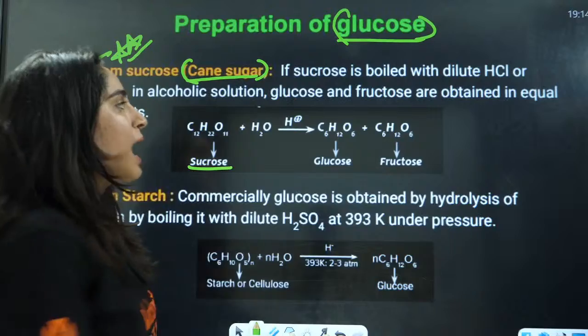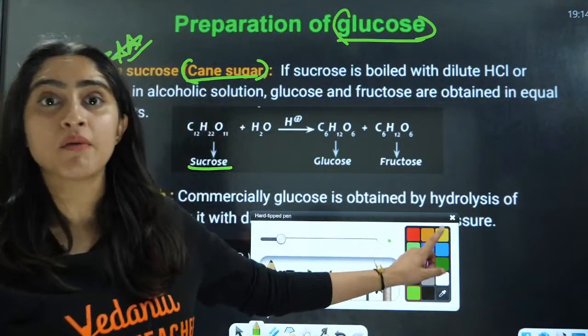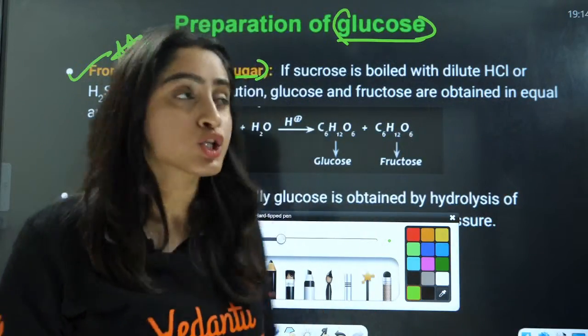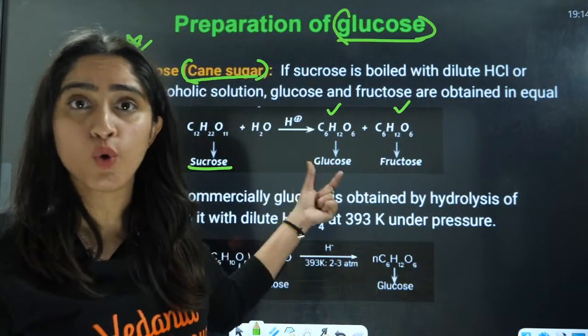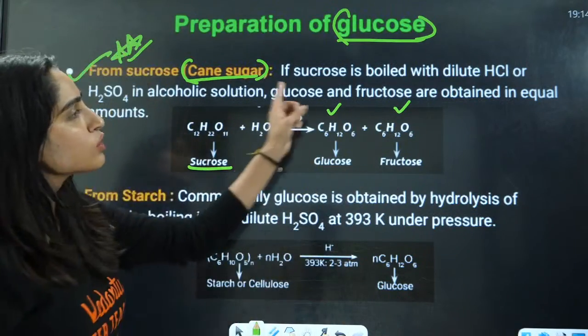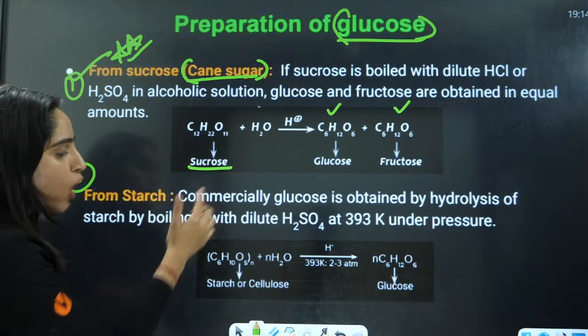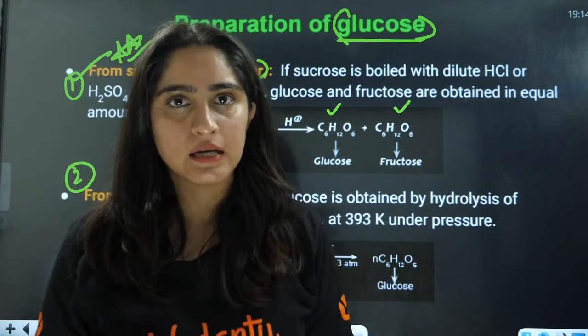Now you will say, ma'am, the formula of glucose and fructose is the same. The formula is the same, but there is a lot of difference in the structure. The second preparation is from starch. Now starch is a polysaccharide.